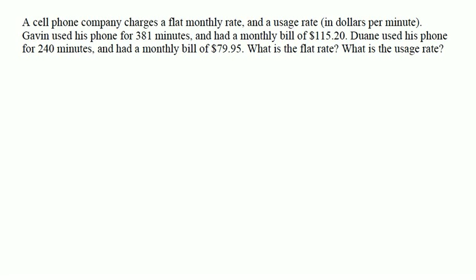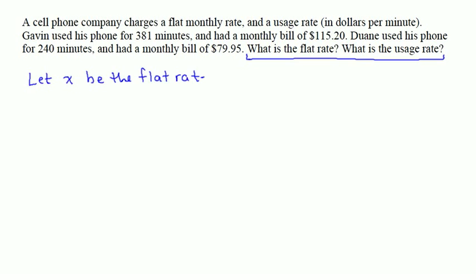Again, when we come to the end of the word problem where these questions are phrased, this tells us what to let our variables represent. Let's let x be the flat rate and let y be the usage rate. The usage rate is the rate that gets multiplied by the number of minutes.